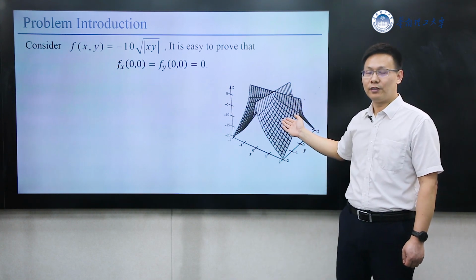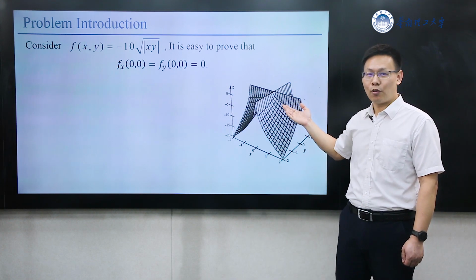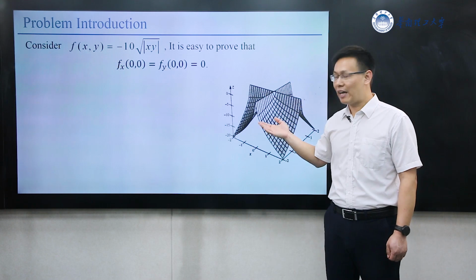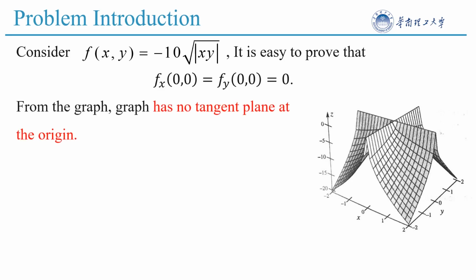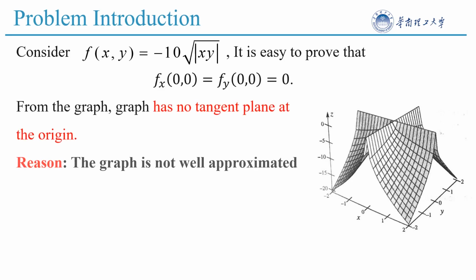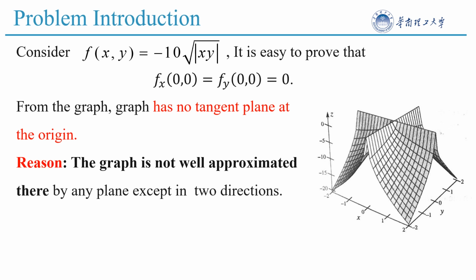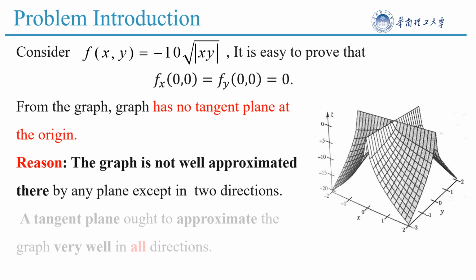See its graph, and obviously the graph has no tangent plane at the origin. The reason is that the graph is not well approximated there by any plane except in two directions. A tangent plane ought to approximate the graph very well in all directions.